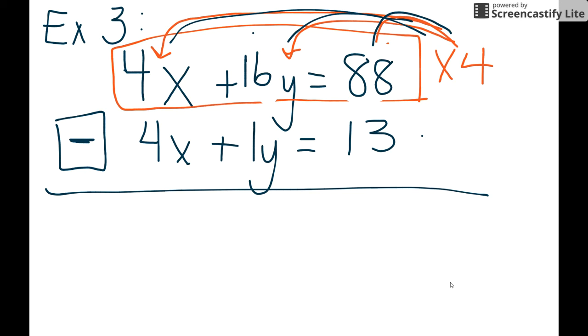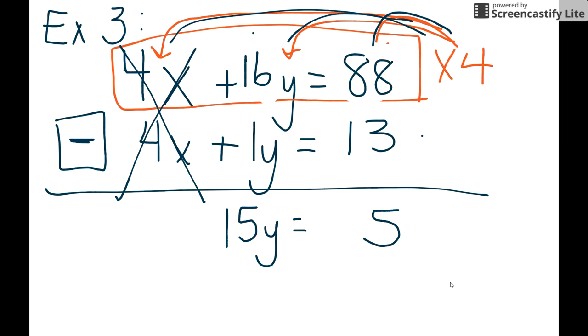So I have to subtract if I want these to disappear. So again, 4x minus 4x is 0x. Don't bother writing it. 16y minus 1y is going to be 15y. And 88 minus 13 is going to be 75.